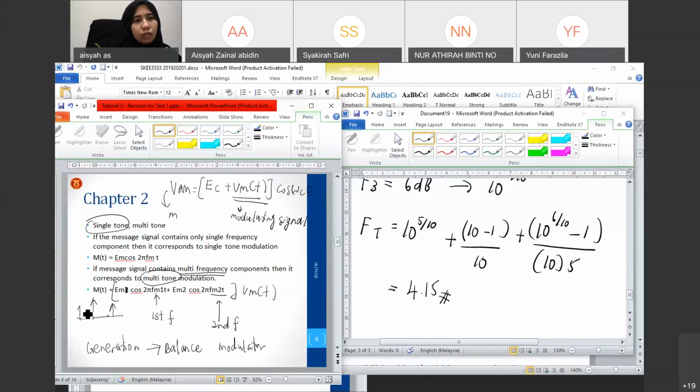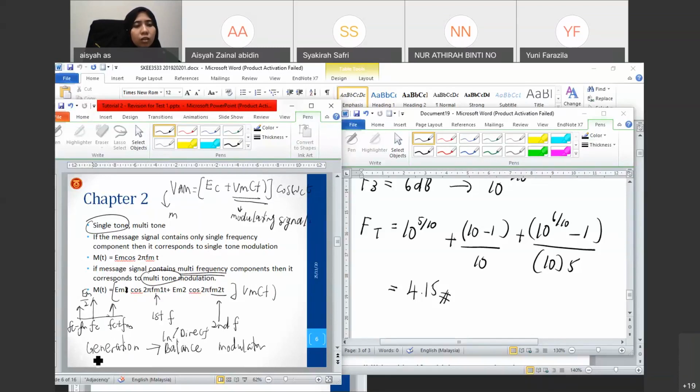So the amplitude is EC, and EM over 2. So this is FC, and FC plus FM, FC minus FM. Another one is the generations, direct and indirect.